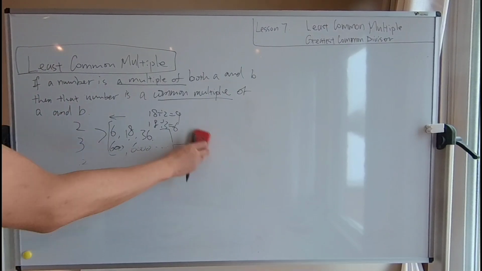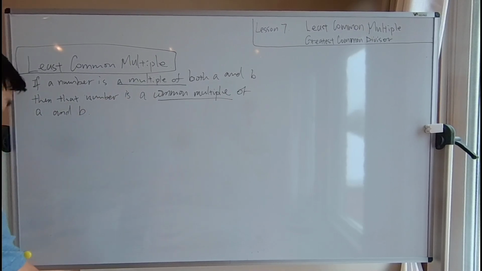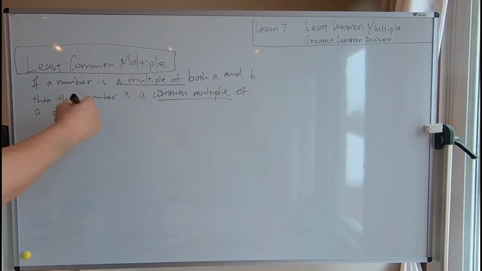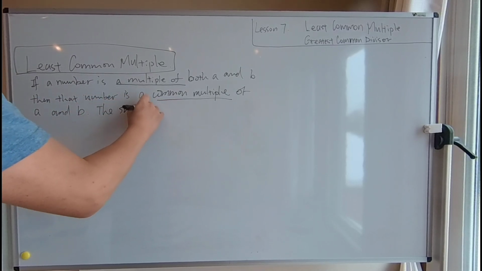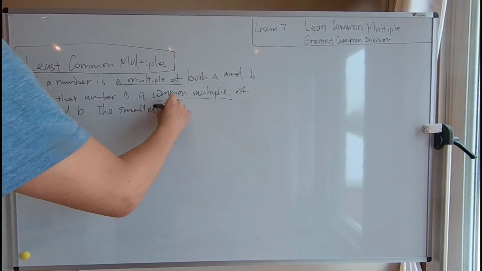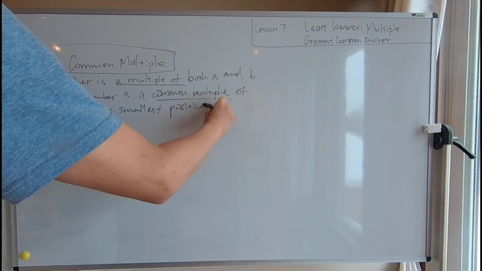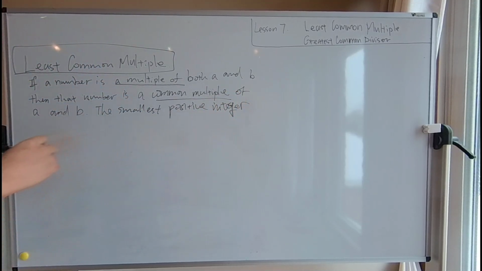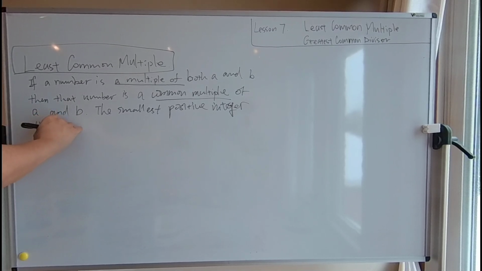So this comes to our second sentence in this definition. Here we first define what is a common multiple, and then the smallest positive integer that is a multiple of a and b.